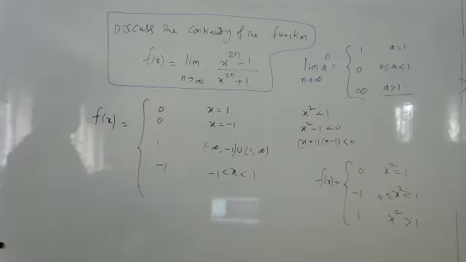Okay, so now you have to check the left hand limit and right hand limit at x equal to 0, 1, minus 1 and tell me whether it is continuous or discontinuous. You just check and tell me that's it.